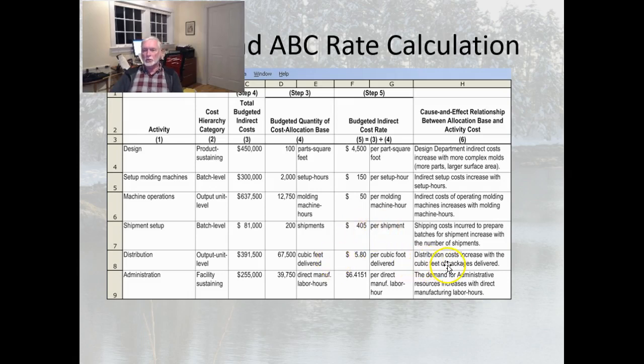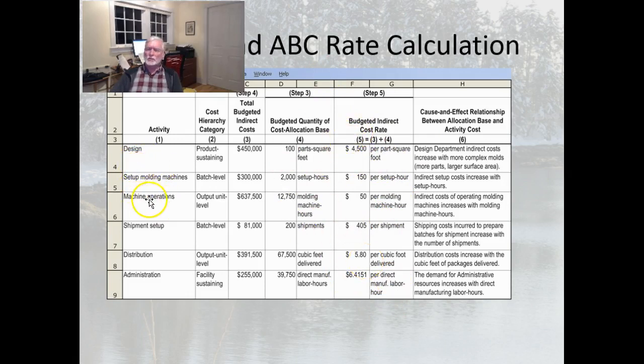And then distribution costs increase with the cubic feet, so the cubic foot per product delivered, it's $5.80 per cubic foot. And the administration resources increase with direct labor hours, so we're going to allocate administration based on direct labor hours. So we've come up with, in this case, 6 different cost drivers for different activities.